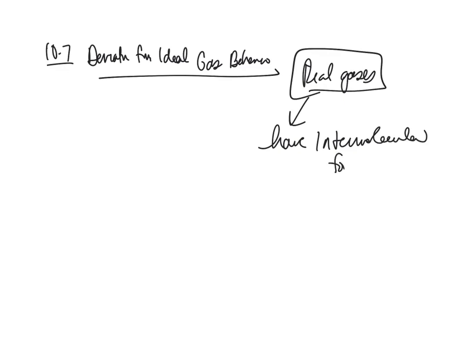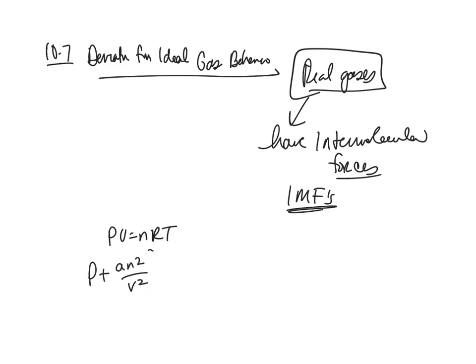Okay? And so you can read this section and see how there's an equation and how these intermolecular forces will have an effect on the behavior of the ideal gas equation. So if you look at the PV equals nRT equation, you see that there's this portion here that, if you were a chemical engineer, you would have to spend some time on this.